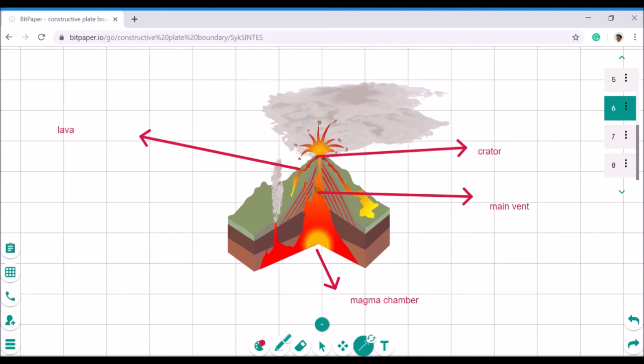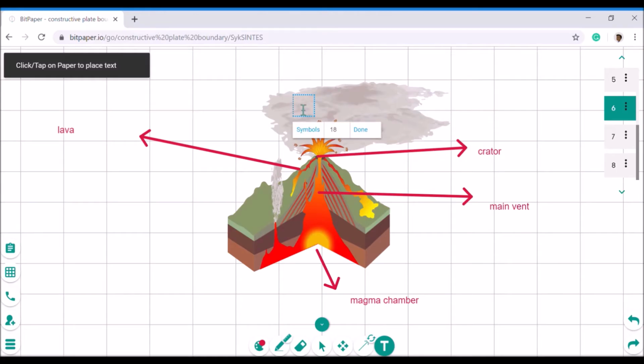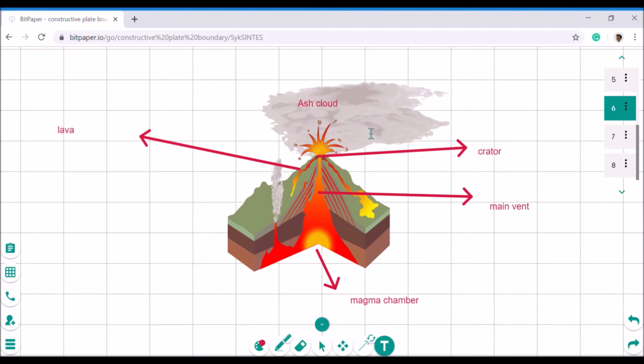Now you might notice here that we've got different line structures going through the volcano. These are just layers of lava that have hardened over the years, and also layers of ash cloud, because we don't always get volcanic eruptions, but sometimes we might just get ash cloud. So those are the basics there.